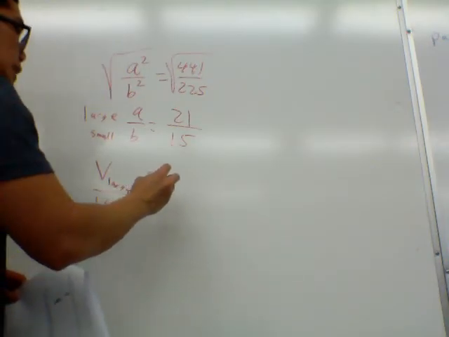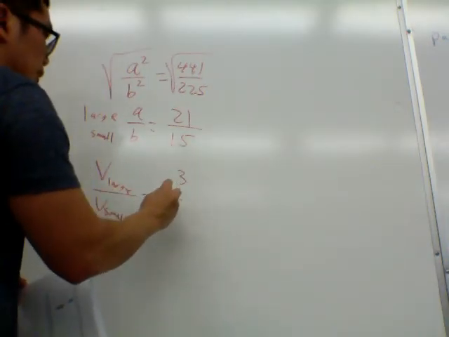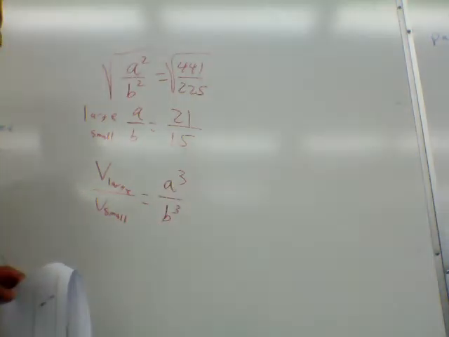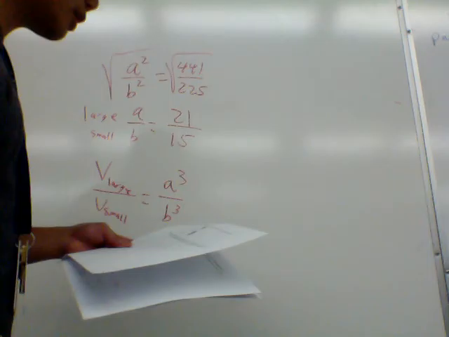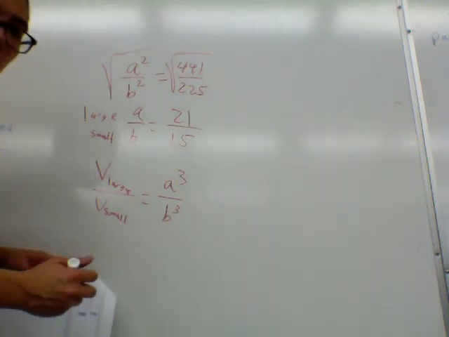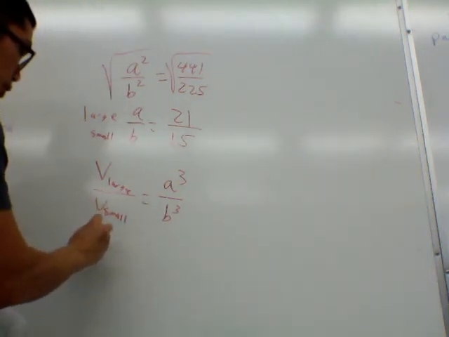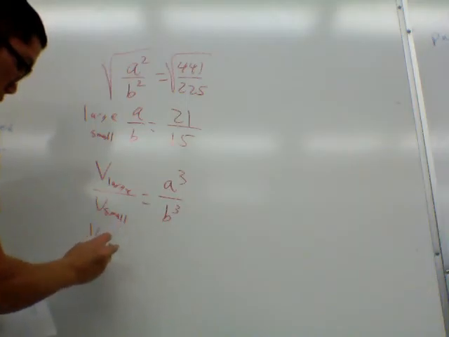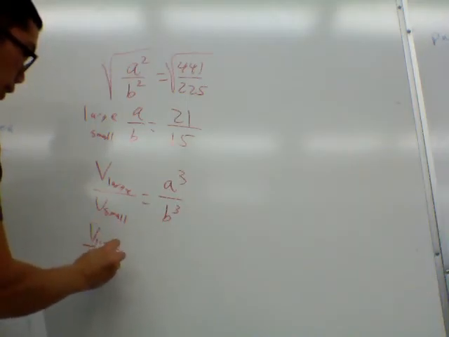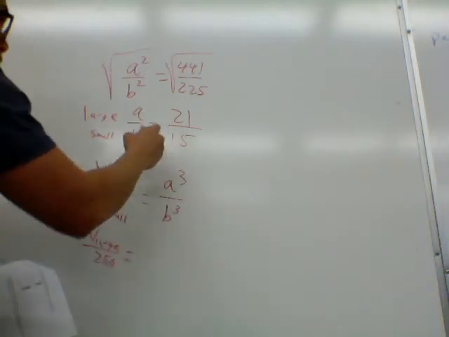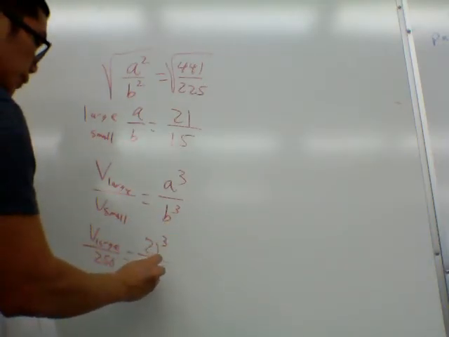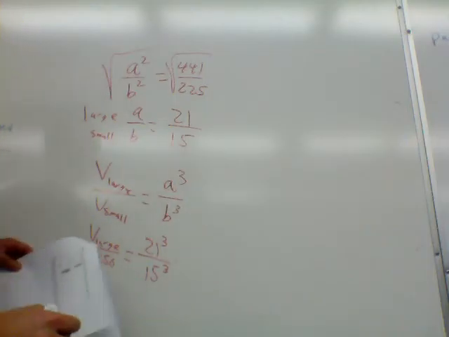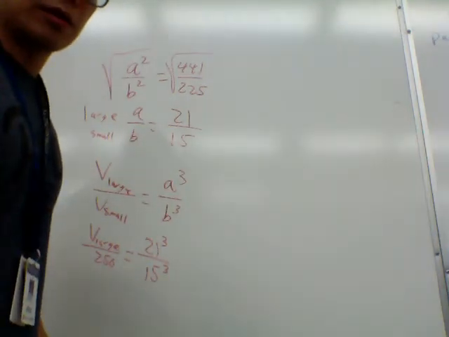V large is equal to A cubed over B cubed. Okay? So in the problem, they gave me the volume of the smaller solid is 250. So it's going to be V large over 250 is equal to A is 21, so it's 21 to the third power over 15 to the third power.